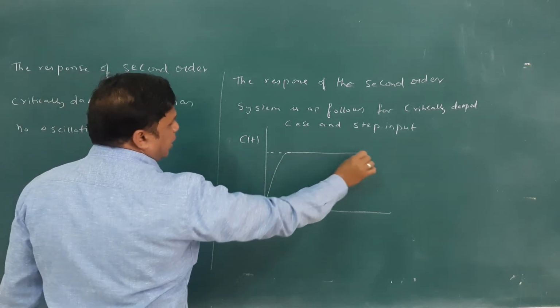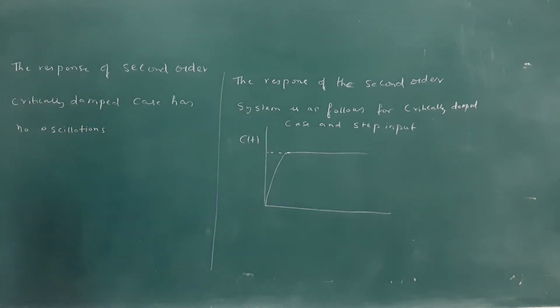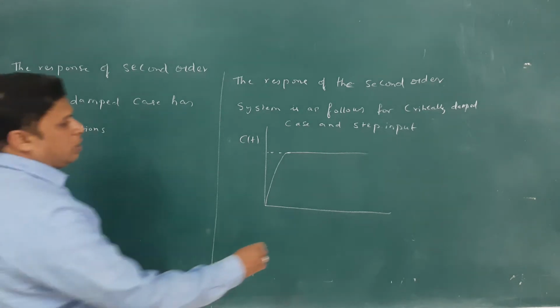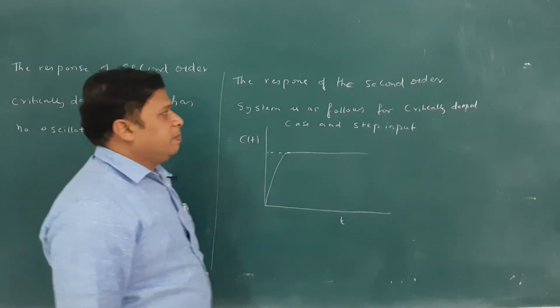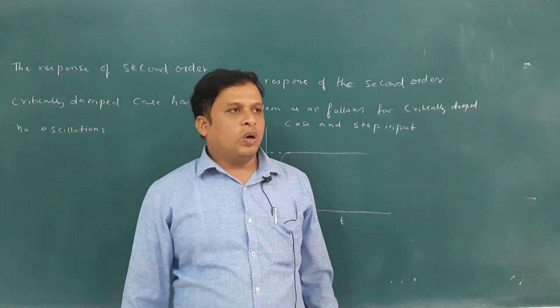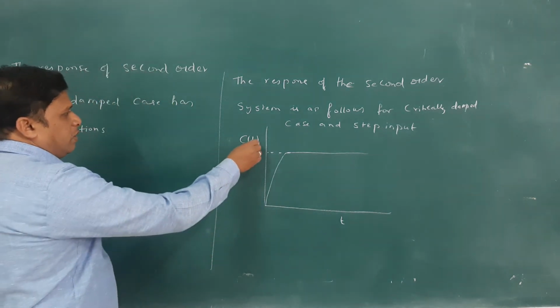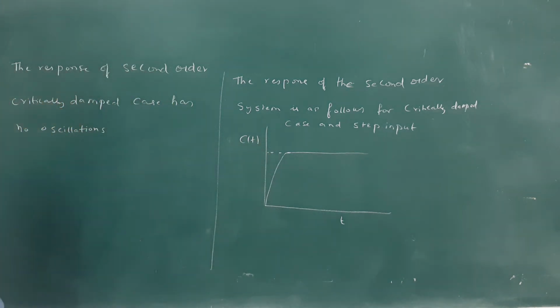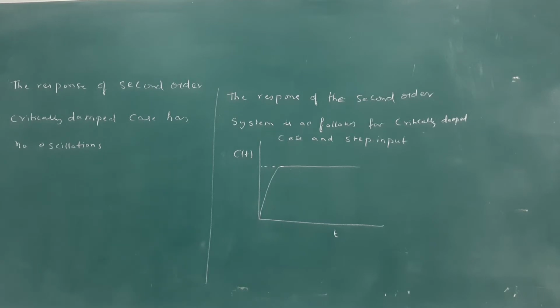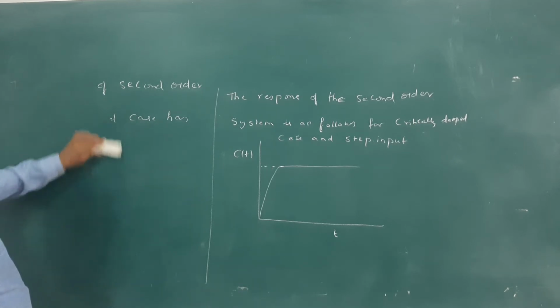So it is a critically damped case. Now this is the particular response for the critically damped case, and next is the over damped case also. All of these are calculated for the step input function only. Now we will see the response of the second order system for step input in the over damped case.